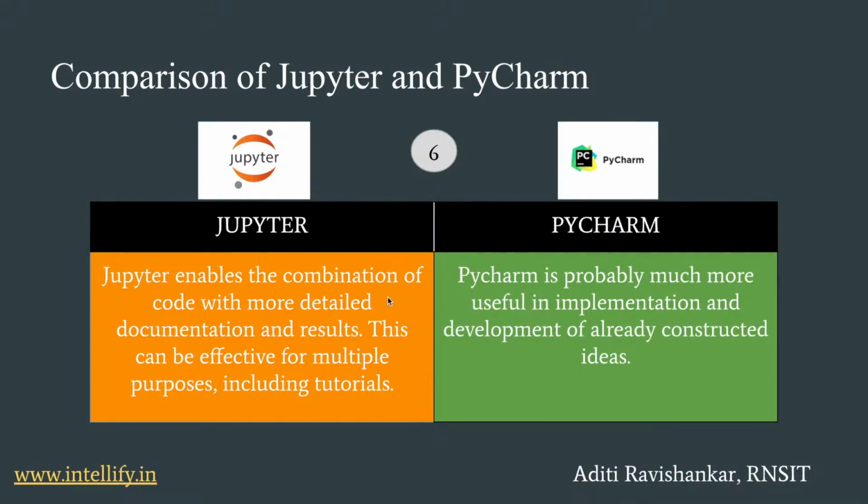Jupyter enables the combination of code with more detailed documentation and results. This can be effective for multiple purposes, including tutorials. On the other hand, PyCharm is probably much more useful in implementation and development of already constructed ideas.